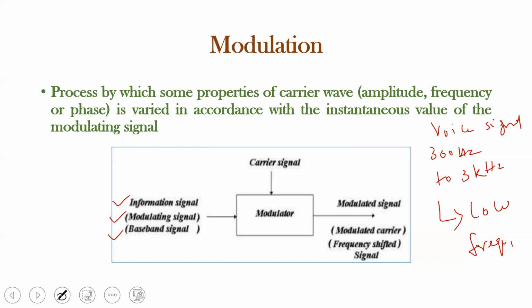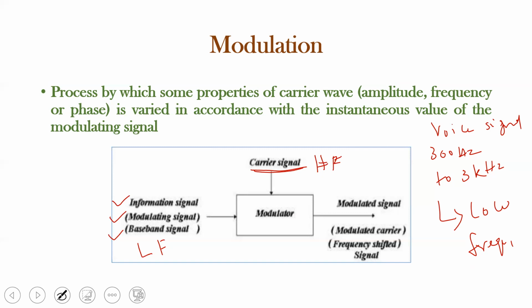This baseband signal will be a low frequency signal, and it cannot be transmitted over a long distance. For that purpose, we make use of another signal called the carrier signal, and this carrier signal is of high frequency.